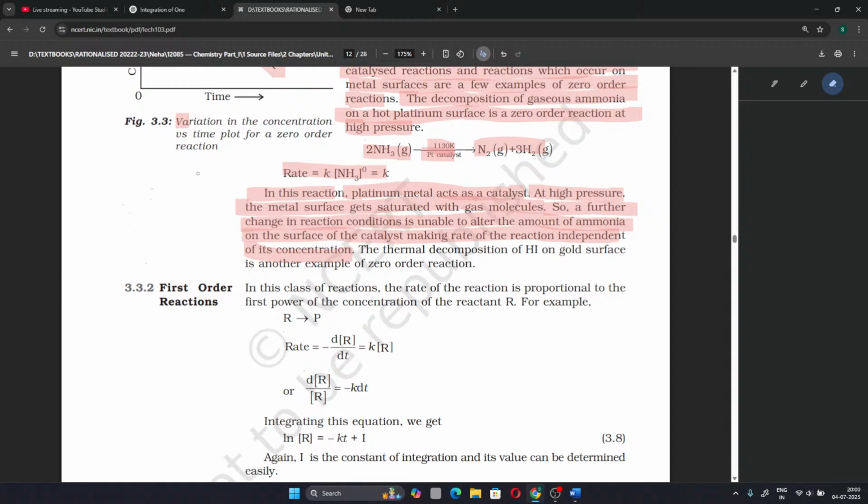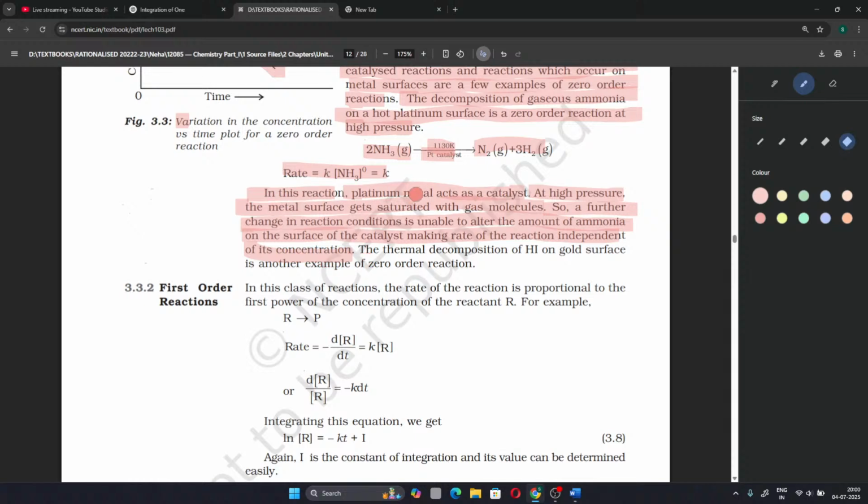In such a case, 5 ml of enzyme reacting with 10 ml of whatever the reactant might be, this 5 ml of enzyme will only react with this 10 ml of reactant. Even if we add 100 ml of reactant, it will still react with this 10 ml of reactant only. So in such a case, it will become a zero order reaction. It doesn't depend on the concentration of the reactant.